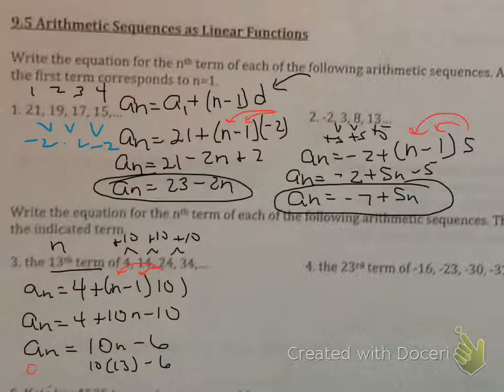When I say a to the 13th, that means the 13th position or the 13th number is going to be, and we just do the math here. That's 130 minus 6. So a to the 13th is going to be number 124.